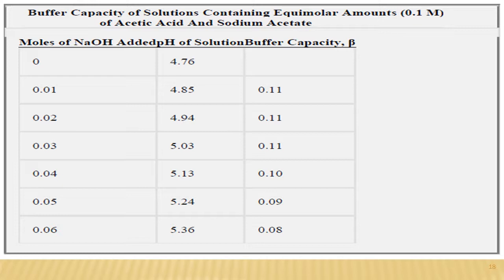In the middle column, the pH increases with the increasing molar concentration of sodium hydroxide. And by the way, you will see the buffer capacity decreases. You can use this in applications, and you can practice the calculation of buffer capacity.